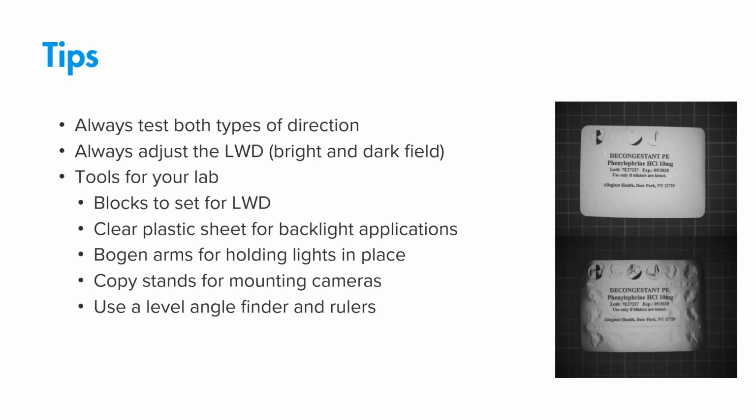You can see on the right here, this image has the same part and the same light. The difference is that in the top image my light working distance is about 20 millimeters, and in the bottom it's about 12 inches, going from metric to whatever. By moving my light further away, I am not getting as flat an image.